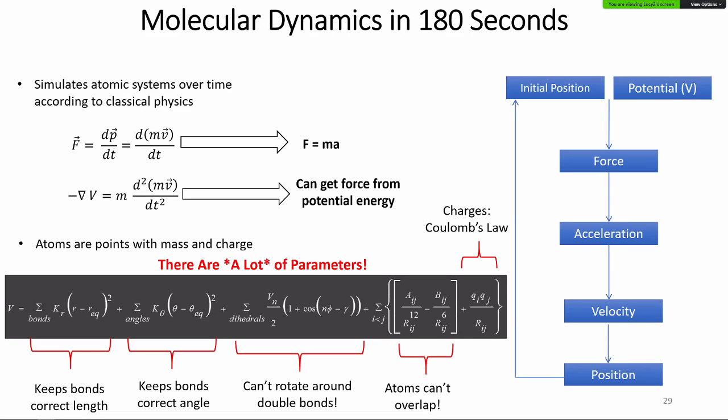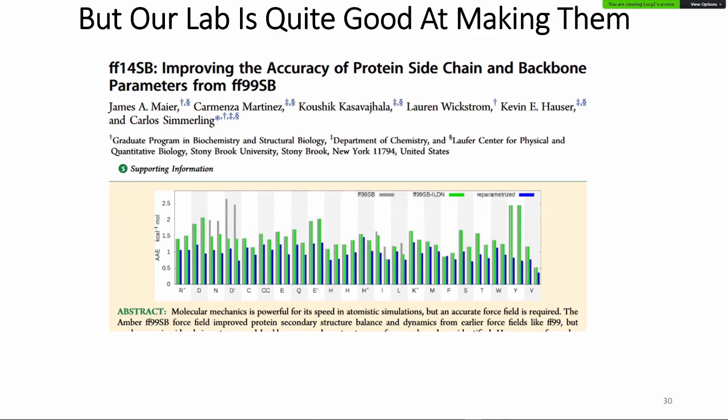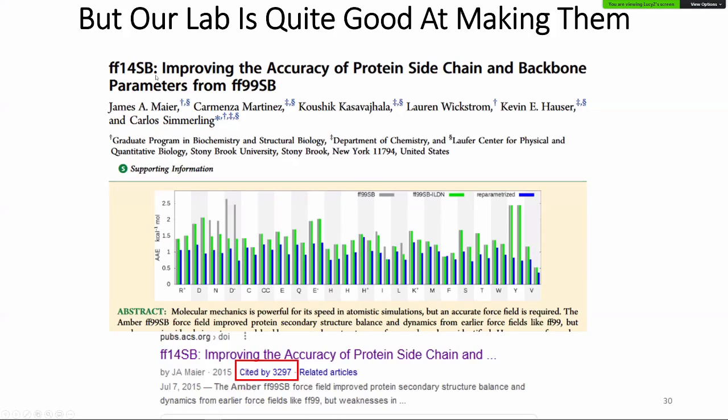But there's a lot of parameters, right? This is the function, but there's a lot that goes into making this function actually resemble some layer of reality. And our lab is, if you don't mind me saying, quite good at making them, right? One of the main parameter sets we use, 14SB, has these days over 3,000 citations.